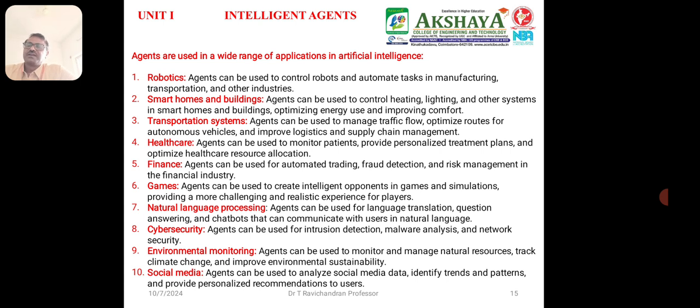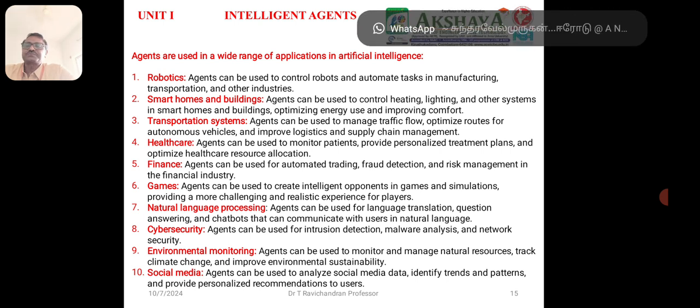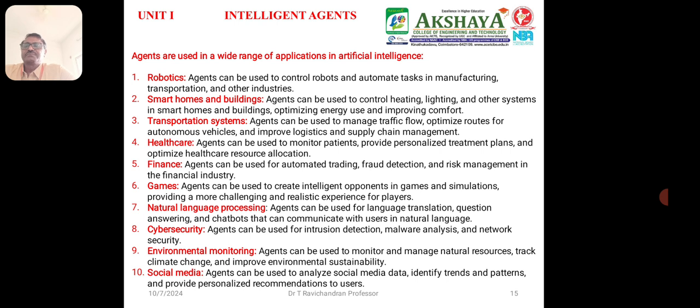Games are a booming industry, with realistic games that challenge the human brain to solve problems. So game theory has a very important role in artificial intelligence applications.